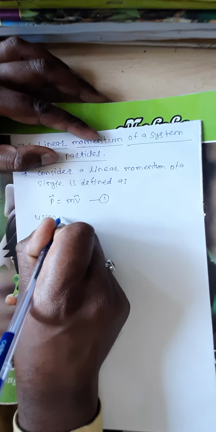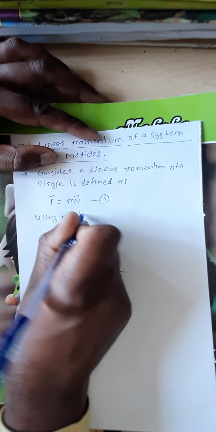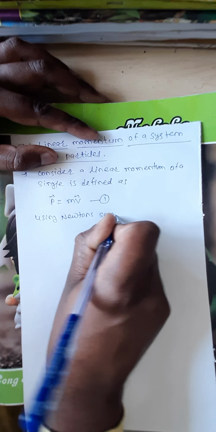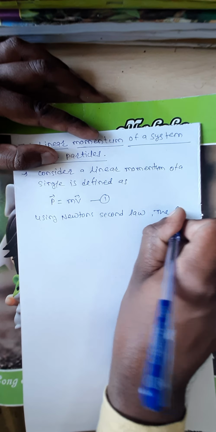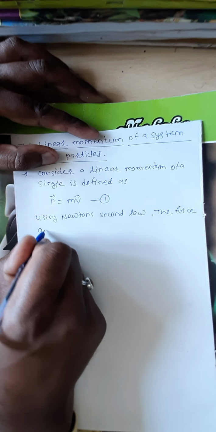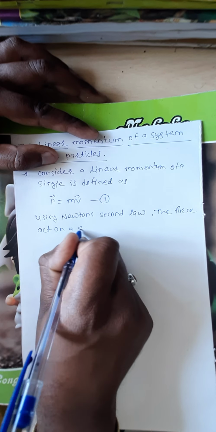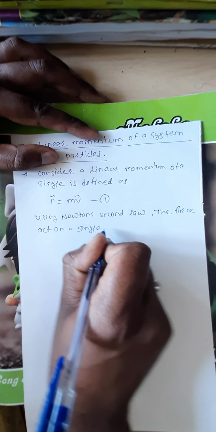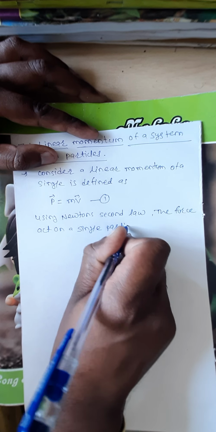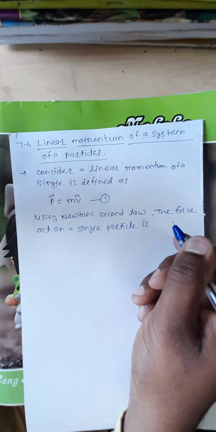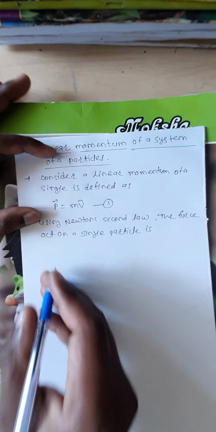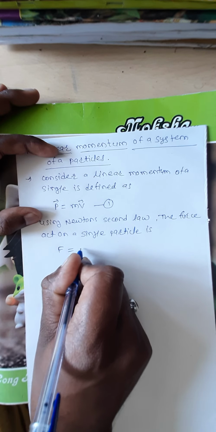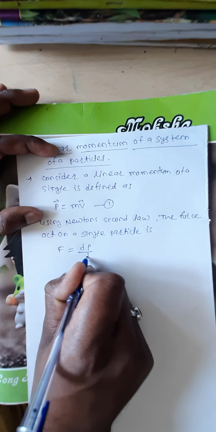Then, using Newton's second law, the force acting on a single particle is F equal to dp by dt.